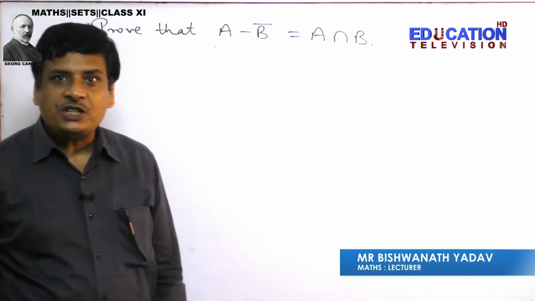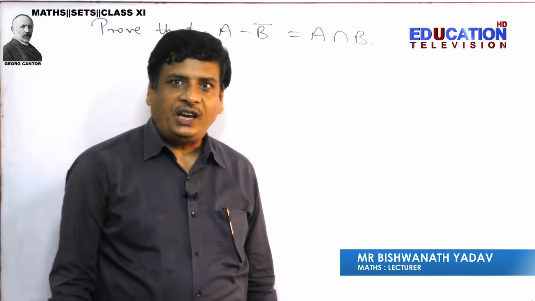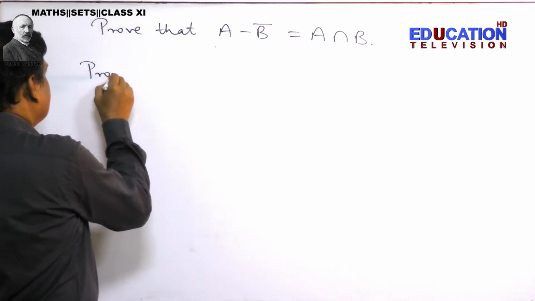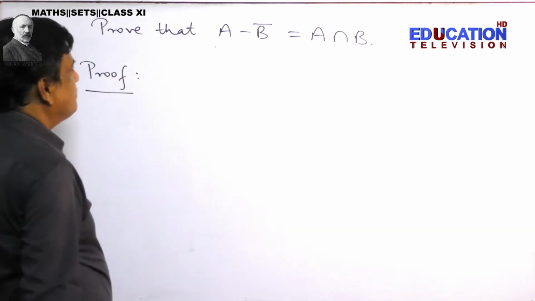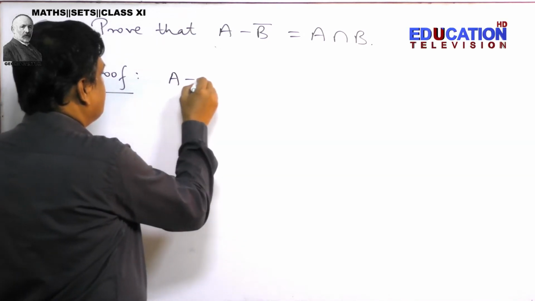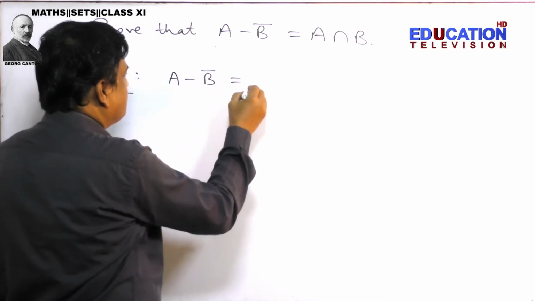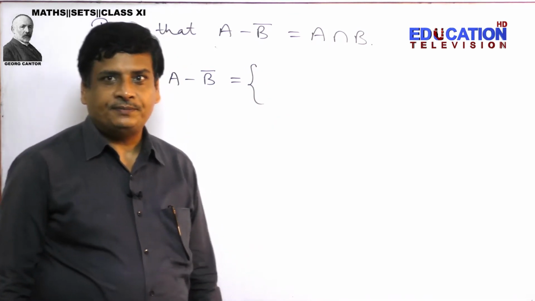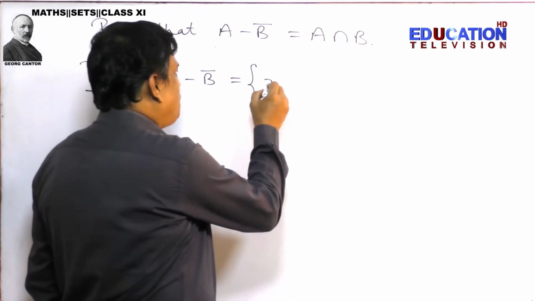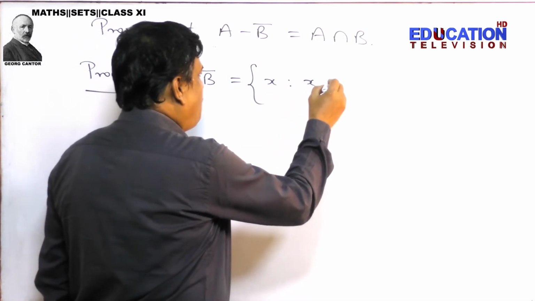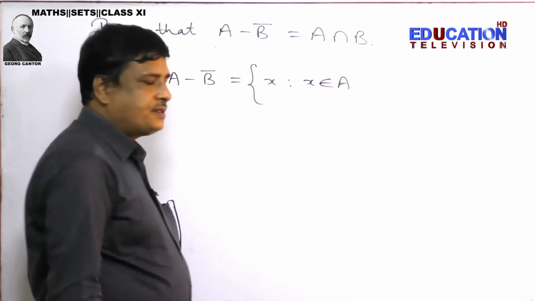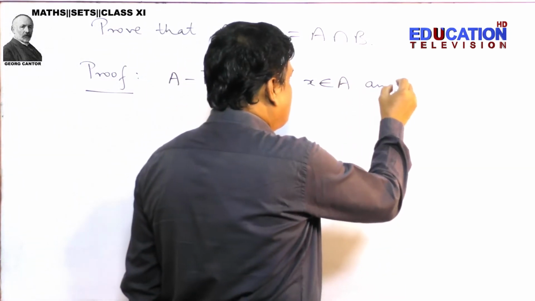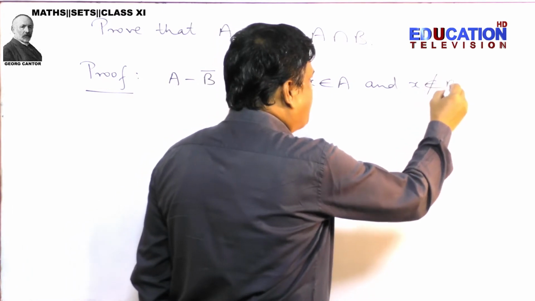Prove that A minus B complement is equal to A intersection B. A minus B complement is the set of elements X such that X belongs to A and X does not belong to B complement.